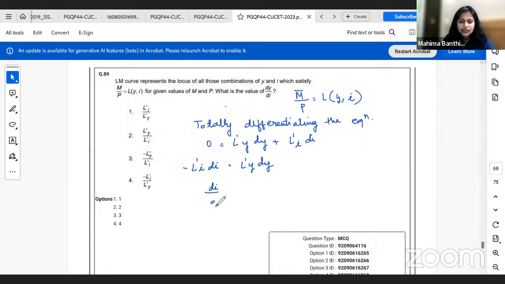So di by dy is equal to L prime y upon L prime i. Okay, and we are also going to have a negative sign. So this is positive, this comes here, this becomes negative, and then we take it here, so it's a negative. So it is minus L prime y upon L prime i. So that is number 3.